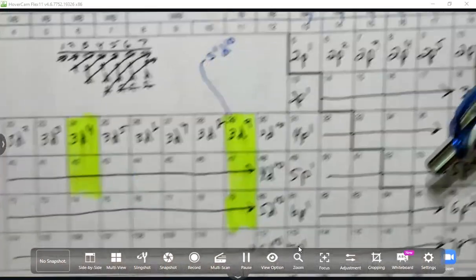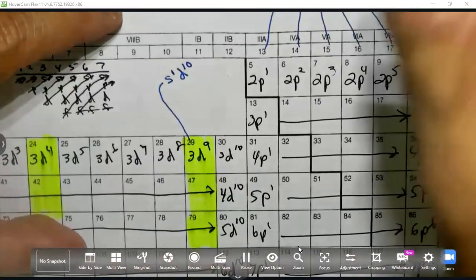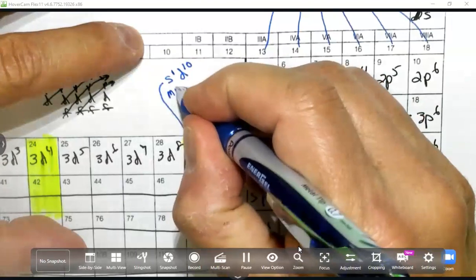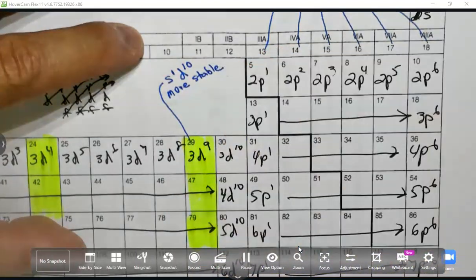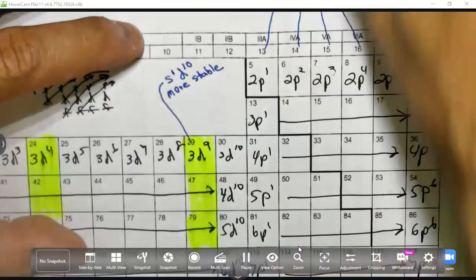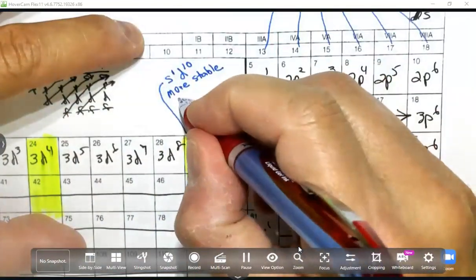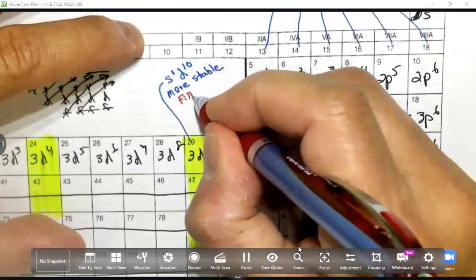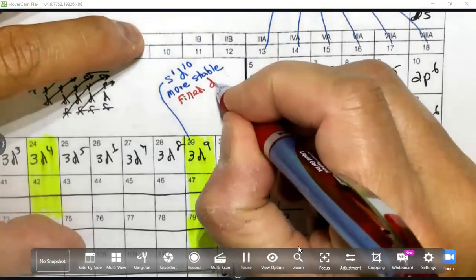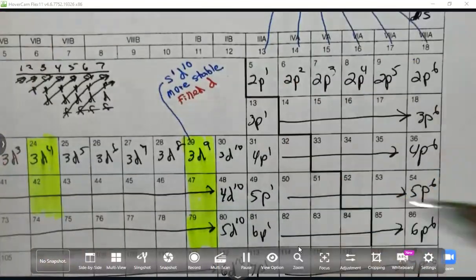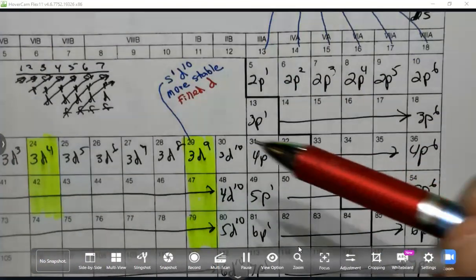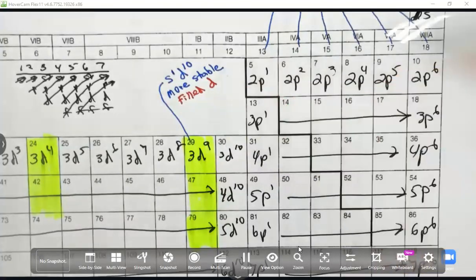Now, why would it do that? This is the key word: it is more stable that way because you end up with a filled D. One comes out of the S and you end up with a filled D.